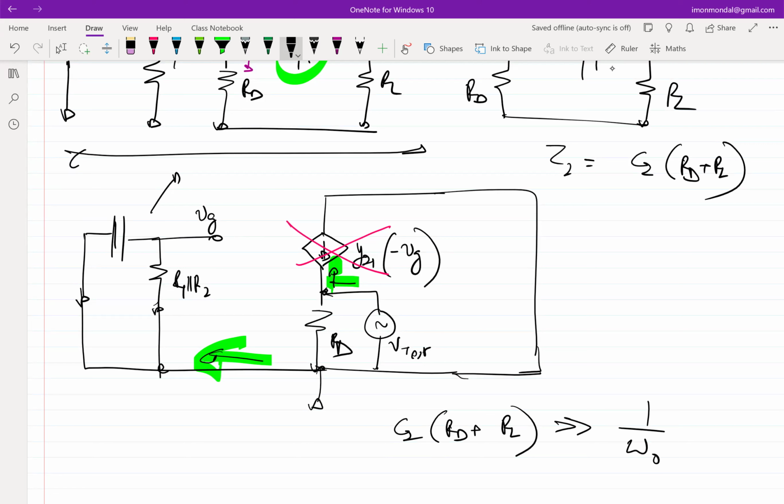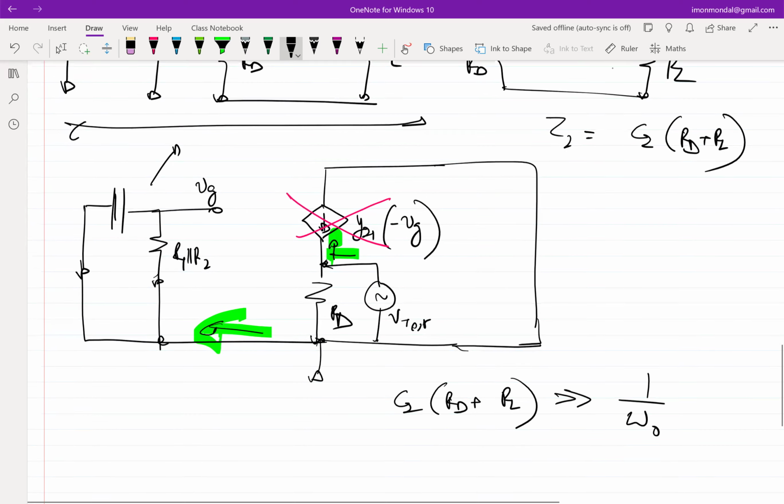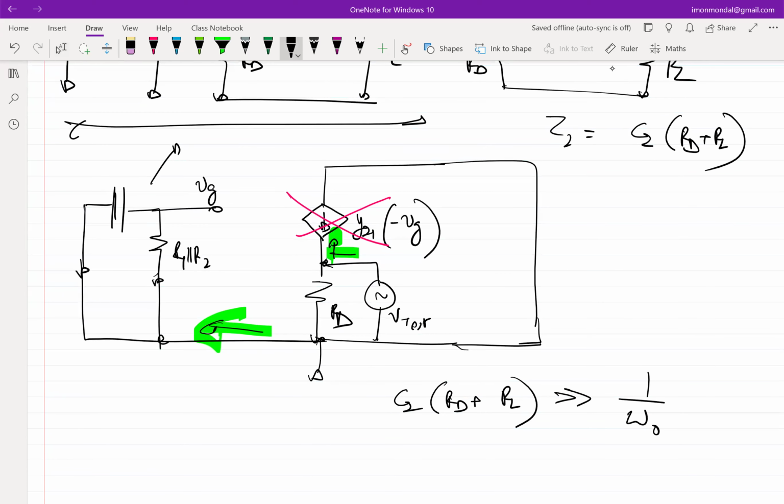The constraint that came from the input side of the amplifier was C1 times R1 parallel R2 should be much greater than 1 over omega naught. Now, as you see here, typically RL is not in your control because it will be a specification given to you. Omega naught will not be in your control because the user would want a certain frequency to be amplified.